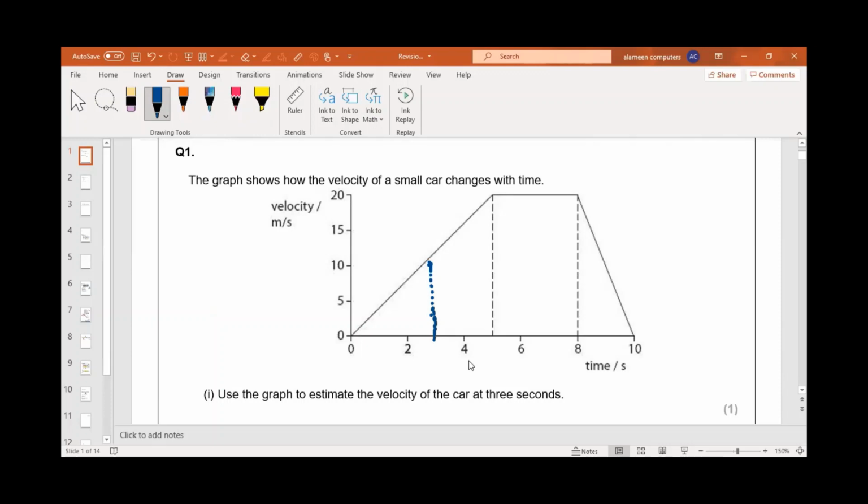Right. So what is the value? Just an estimation, right? So you will use the graph to estimate this.